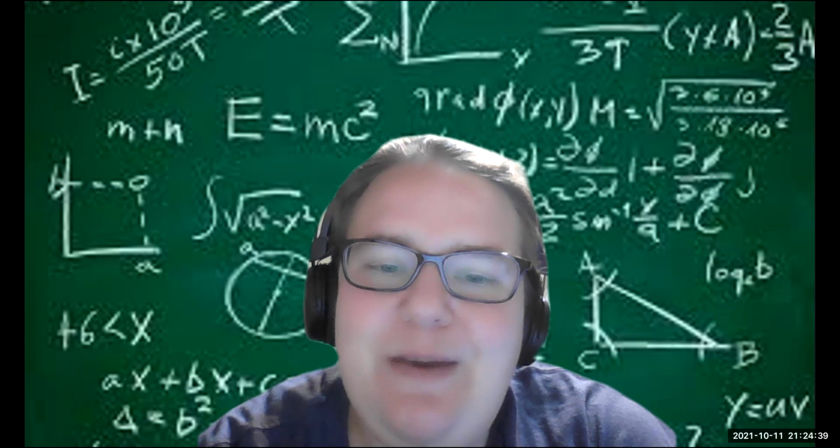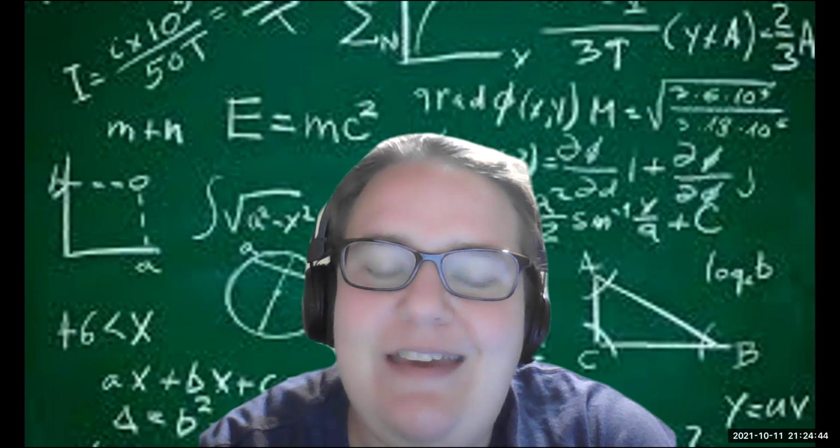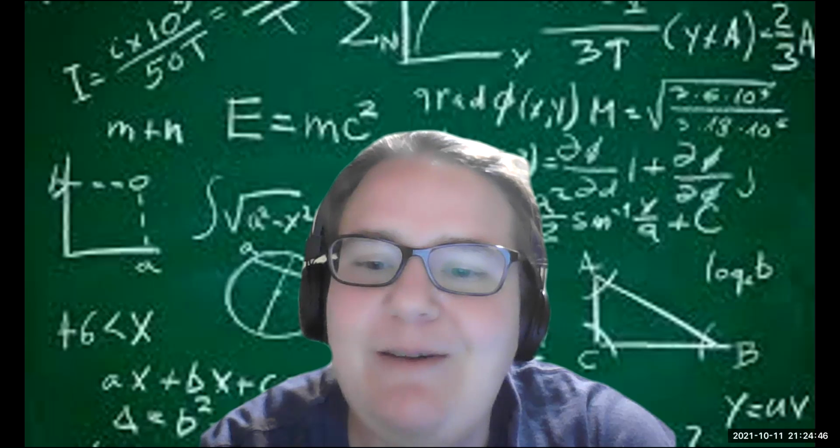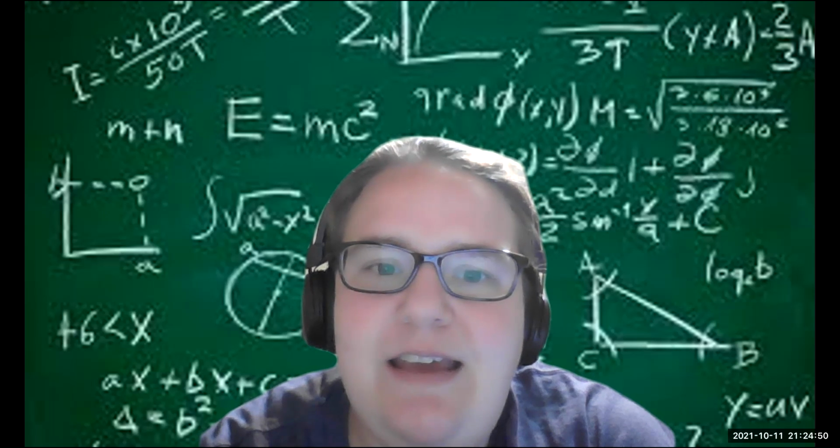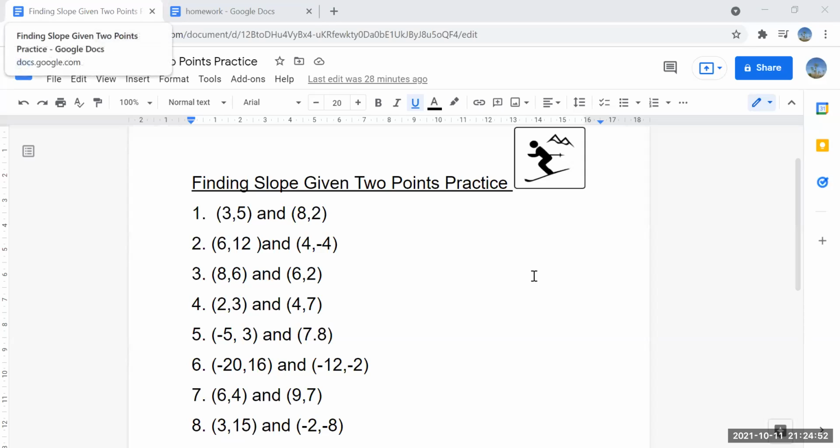So this will also be part of your homework, doing these practice problems along with the marble slide activity. And this is 8 problems for you to do. And so what you're going to do is go through and find the slope of each of these problems, 1 through 8, and make sure to show all your work.